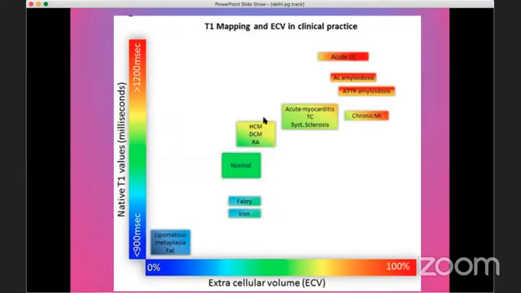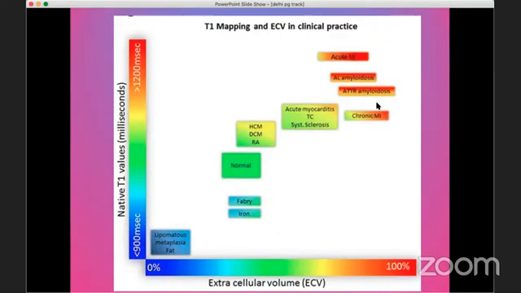HCM, DCM are somewhere in between. Acute myocarditis has a higher T1, but the highest T1s come with an acute MI, followed by AL amyloidosis and ATR amyloidosis. And the ATR amyloidosis has a higher ECV content than the AL amyloidosis. And sometimes you're able to split these two entities based on that.